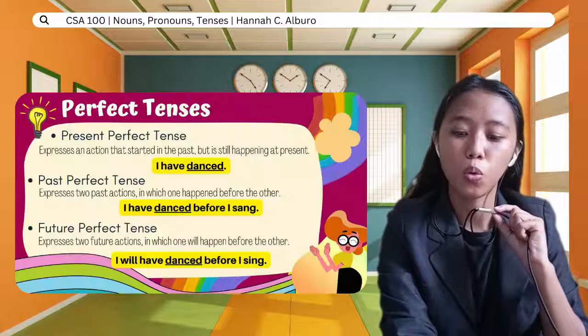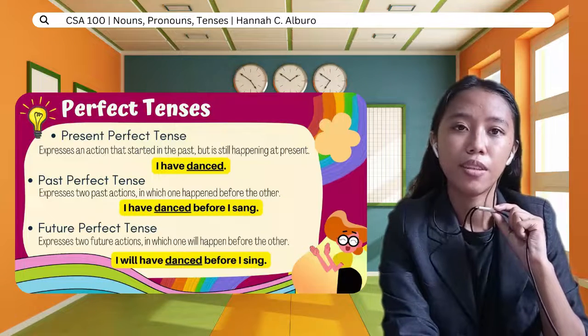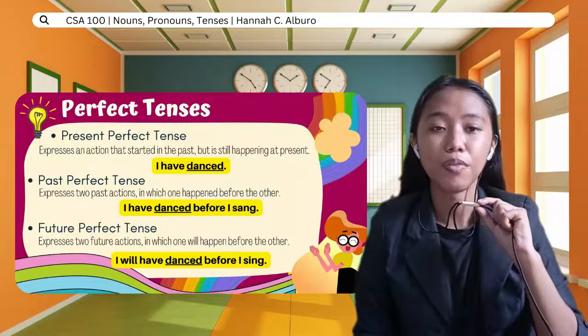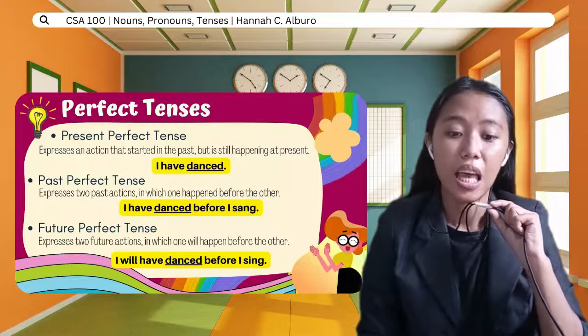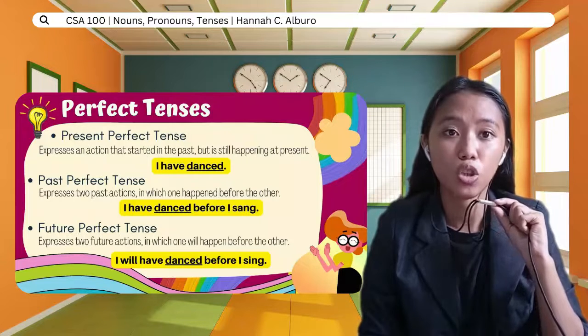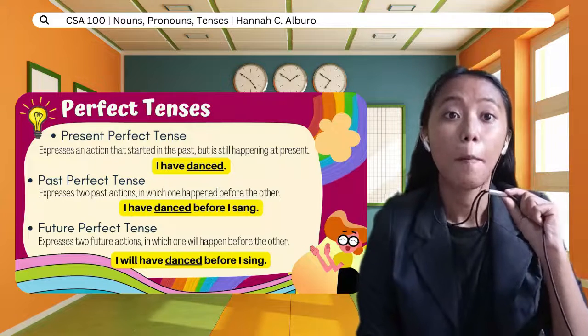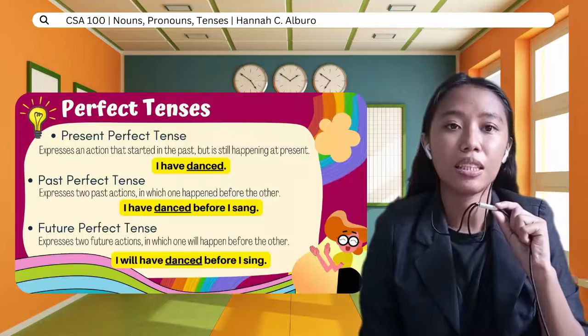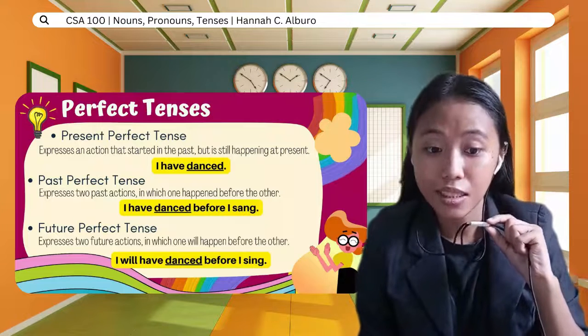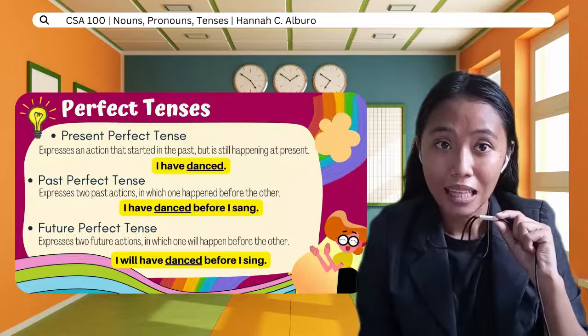So, to visualize, I have here some examples. The present perfect tense expresses an action that started in the past but is still happening at present. For the sentence, I have danced.